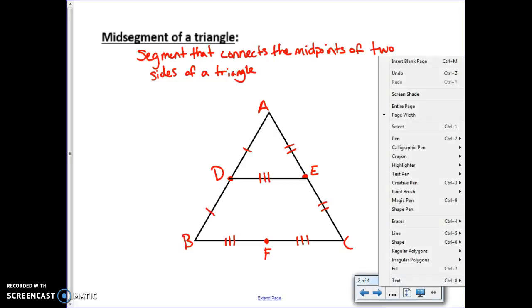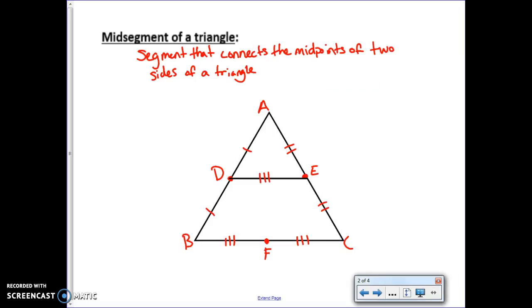Here's another thing we can look at. I could draw another mid-segment from point E down to point F. When I do that, the third side is AB, so it should be the same length as half of AB and get a single tick mark.